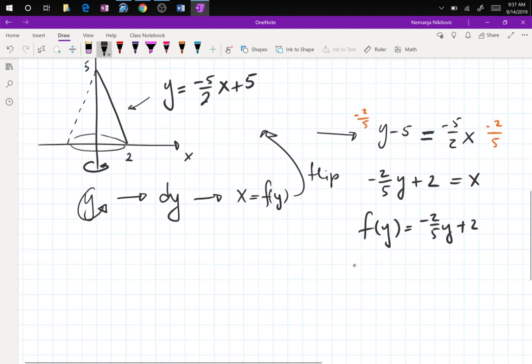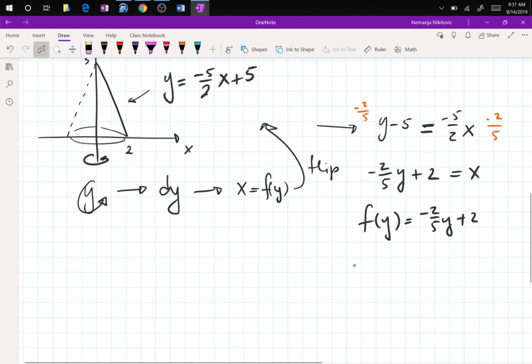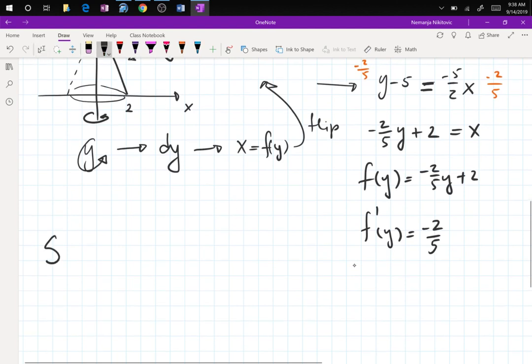I have the function. Now we need its derivative to plug into the formula, and its derivative is negative 2/5. So I can now set up my surface area integral as 2 pi integral, and now I need y limits because this function is in terms of y, and that's going to be 0 to 5.